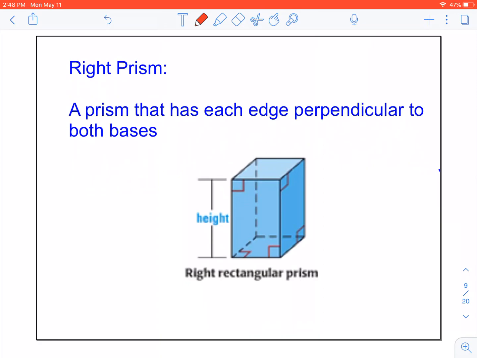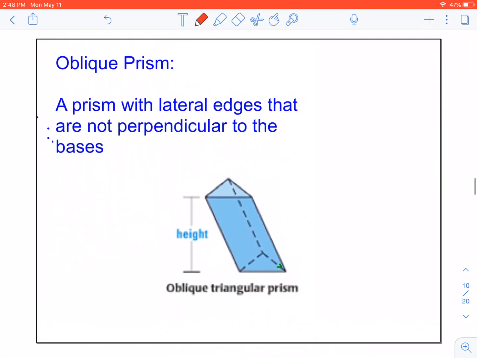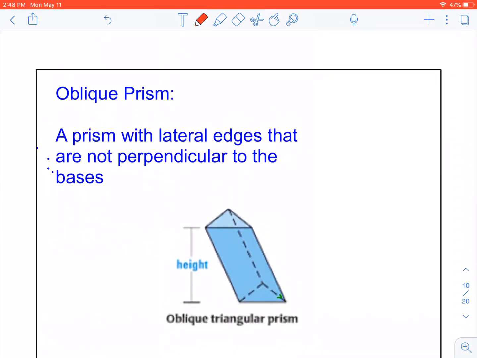It's a prism where each edge is perpendicular to both of those bases. So those edges that connect your bases together are perpendicular to them. That's what it means to be a right prism. Now, the other type of prism is known as an oblique prism. Essentially, it's just kind of leaning to the side, where your angles are not 90 degrees now.